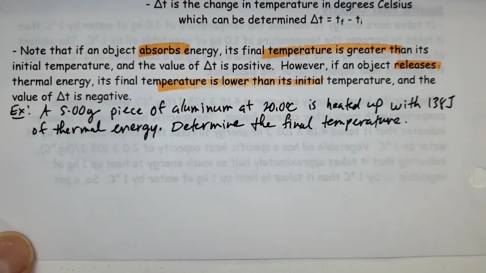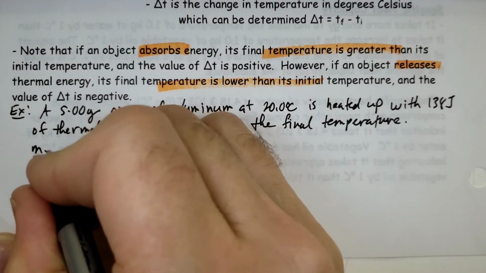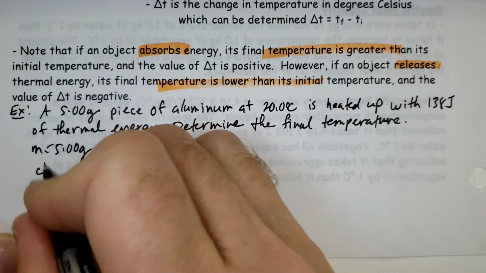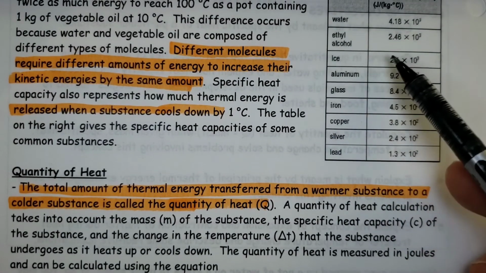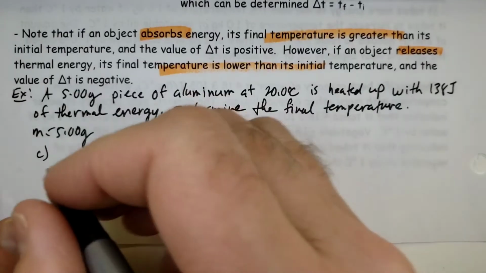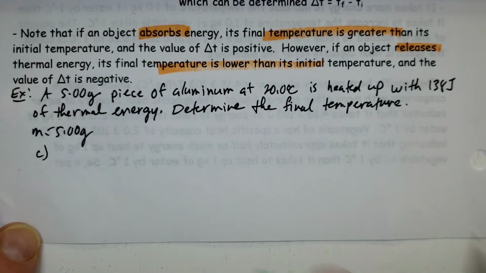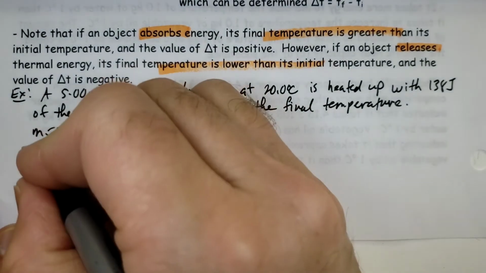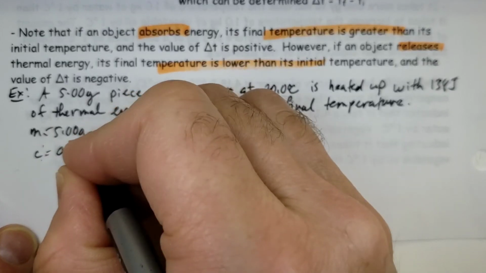Okay, let's see what we know here. We know the mass is 5 grams. We know it's aluminum, so if we look here, aluminum is 9.2 times 10 to the 2. Handy dandy liquid paper.